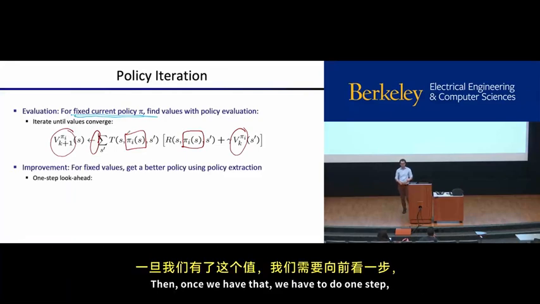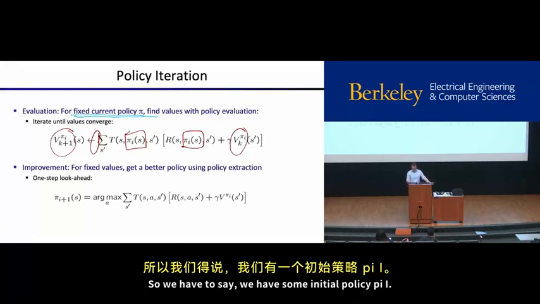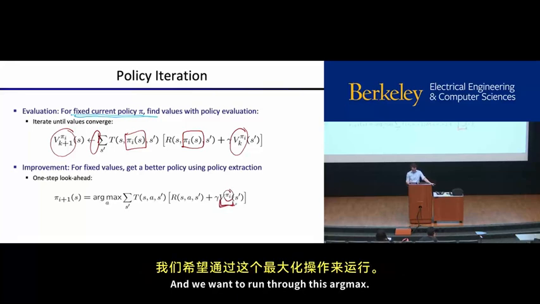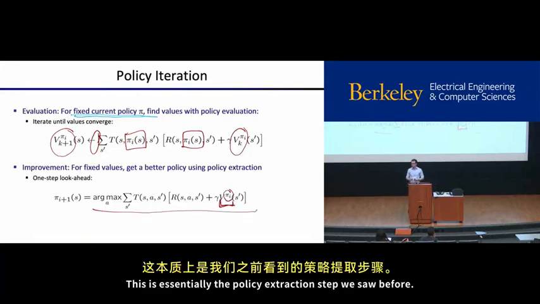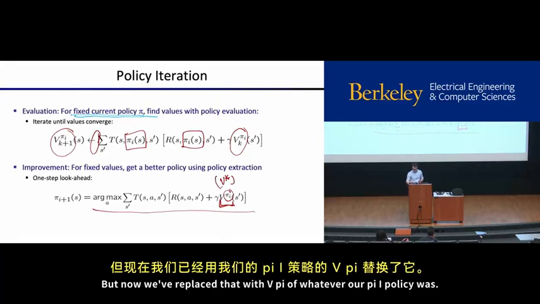Okay? Then, once we have that, we have to do one step of look ahead to see what's the best we could do if that was the value function. So we have to say, all right, we have some initial policy pi I, we have its value function, and we want to run through this argmax. This is essentially the policy extraction step we saw before, but this was v star before, and now we've replaced that with v pi of whatever our pi I policy was.